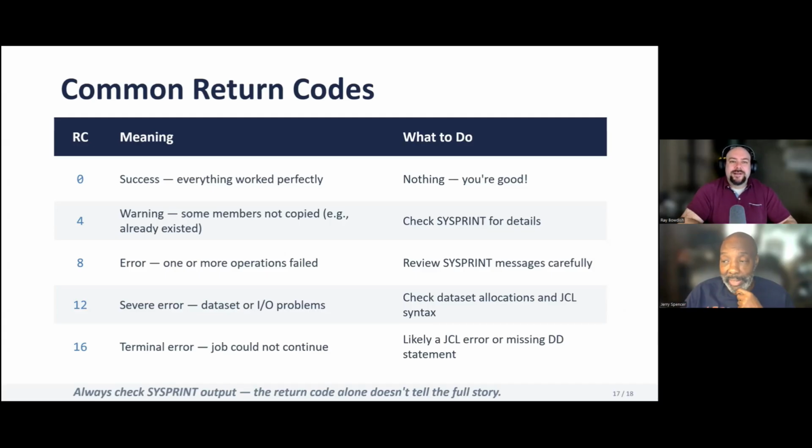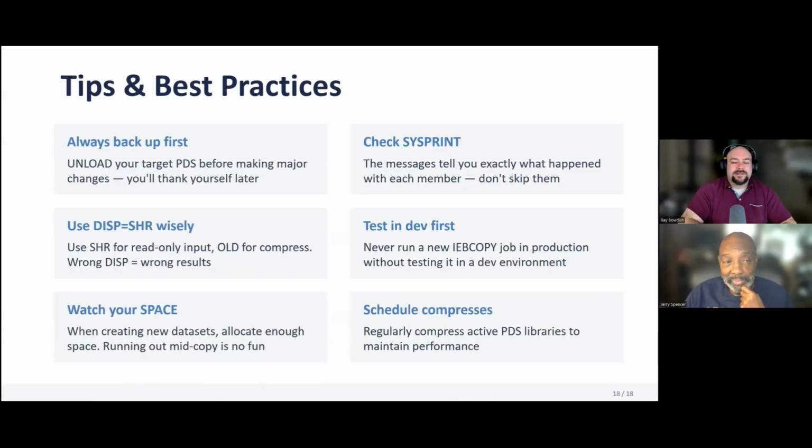Right. And then some tips and best practices. For one tip, always make a backup. Whenever you're going to be doing something that majorly changes some of your data, you always want to back up just in case. This is also great if you're about to upgrade a product. You can make a copy of the data set load lib.